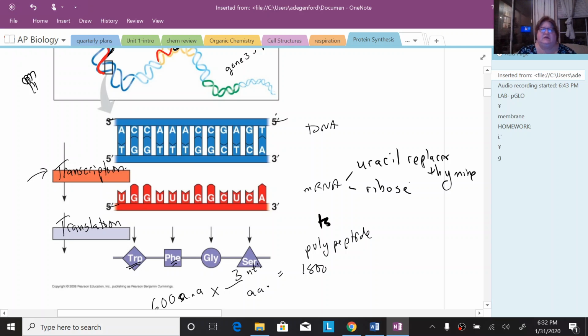Because it is single-stranded, RNA can fold back onto itself. Now, you'll notice in this diagram, and you've got to keep everything straight, this top strand is what is used to build the RNA strand.